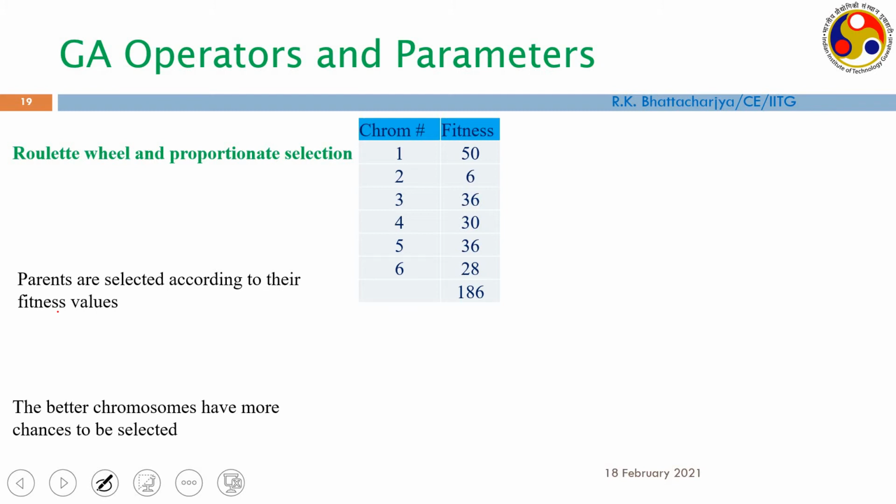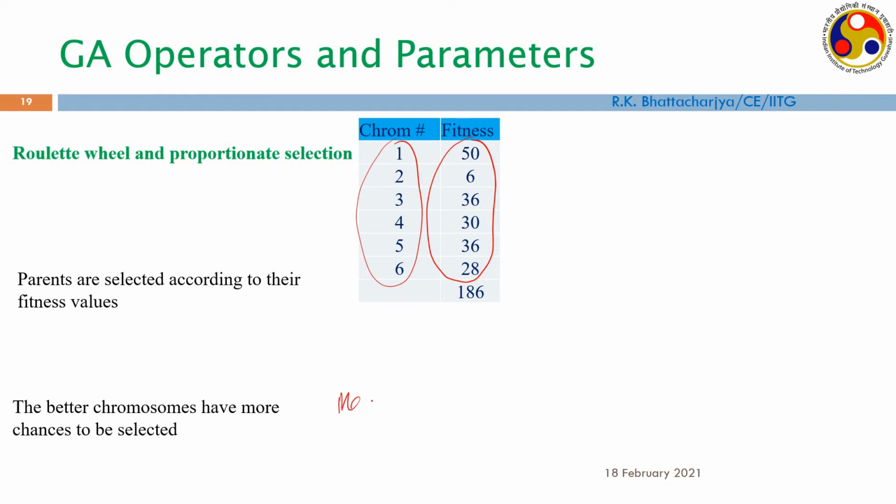So suppose there are 6 chromosomes we have, and these are the fitness values of these chromosomes. Please don't get confused about this: as I said, you can use the fitness value. Suppose it is a maximization problem, maximization of f(x), then if f(x) is more, the solution is better.